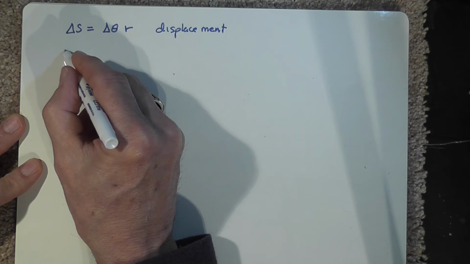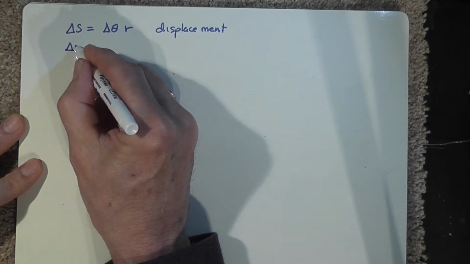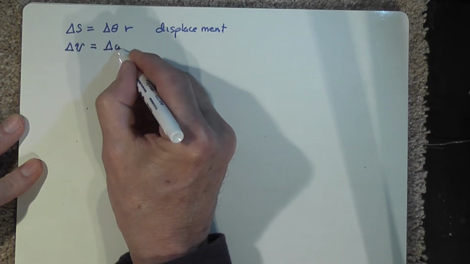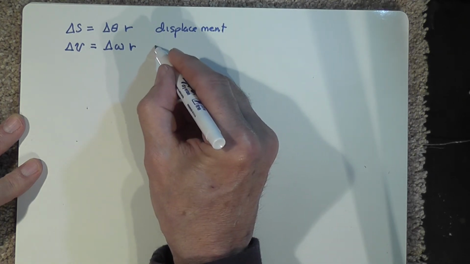And then we have delta V is equal to delta omega times R. This is our velocity.